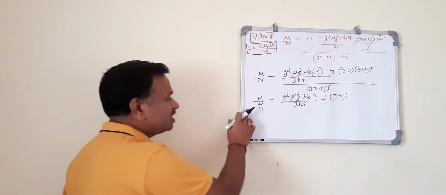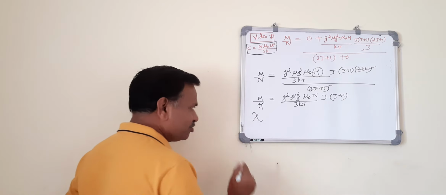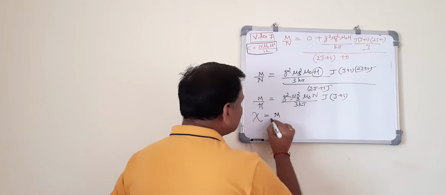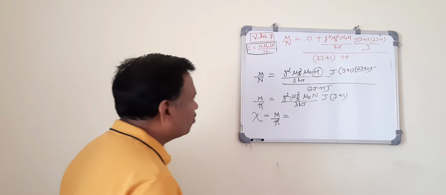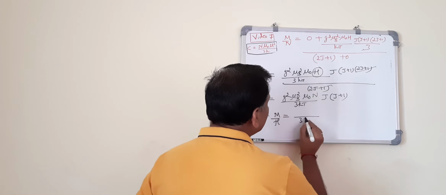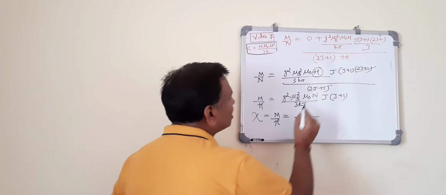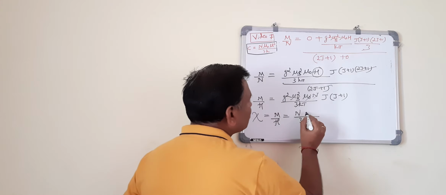Already I discussed, M by H is nothing but susceptibility. I am repeatedly using this one. Equal to M by H equals. Now, this 3k I am writing here, then N here, then mu naught here.